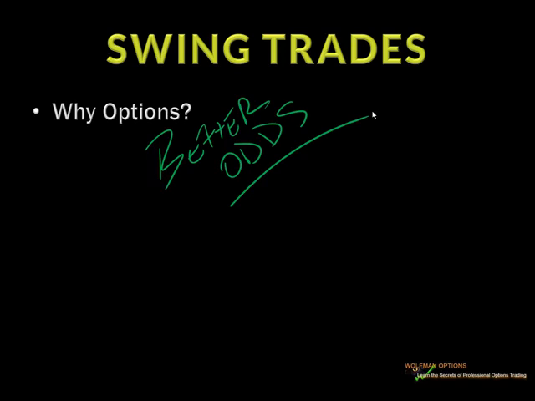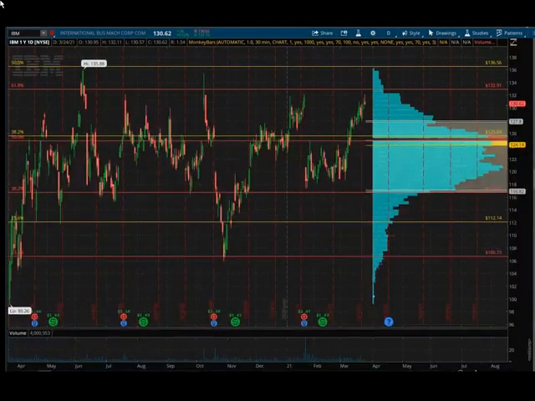If your mechanics start breaking down, that's when people start to panic, and that's when things start going wrong. The beauty in options is you've laid out all of the game plan beforehand. You know your risk, you know your reward, and therefore, if something starts going against you, you knew what the probabilities were, okay? It allows you to get better strike location than you would normally do if you just went in there and bought the underlying.